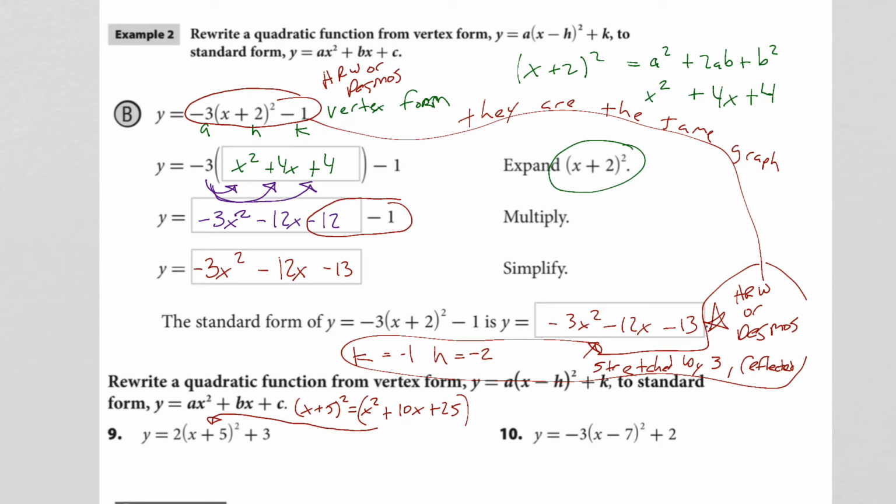And this gets multiplied by 2 everywhere, here, here, and here. So 2 times x squared is 2x squared. 2 times 10x is 20x. And 2 times 25 is 50. And then all that's plus 3. So the final version is 2x squared plus 20x plus 53.